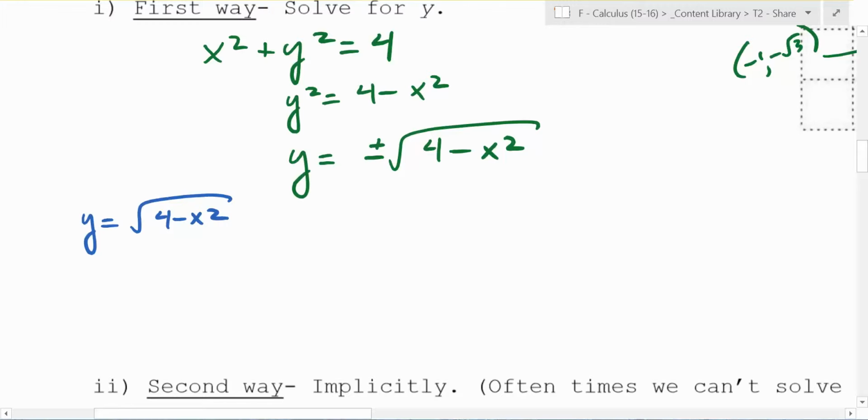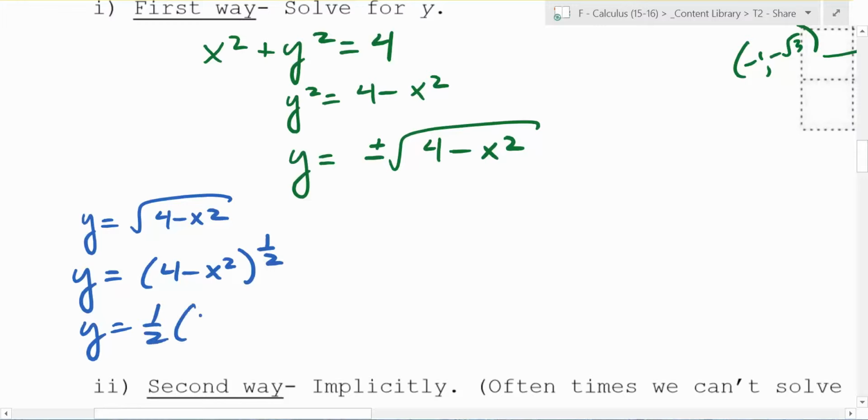If I wanted to take the derivative of that, what should I turn the square root into first? Square root is what power? 1/2. So it's y is equal to 4 minus x squared to the 1/2. Can someone tell me what the derivative of that is? It's 1/2 times 4 minus x squared to the negative 1/2 times negative 2x, because of the chain rule.